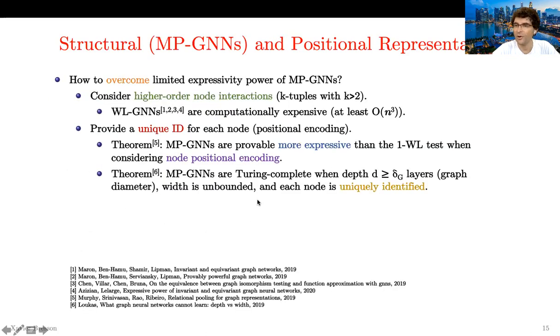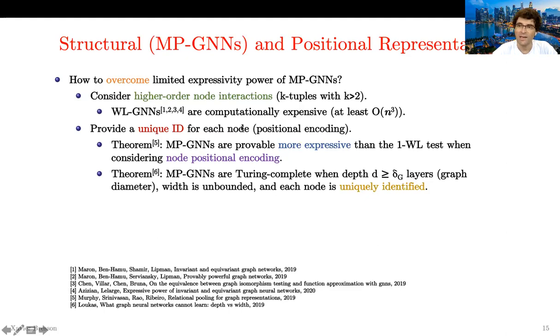So how can we overcome this limited expressivity power in message passing GNNs? As I said before, we can consider higher order node interactions. So instead of just looking at pairwise nodes, you can also look at k-tuples of nodes. And this gives us the WL GNNs, which are computationally more expensive than message passing GNNs.